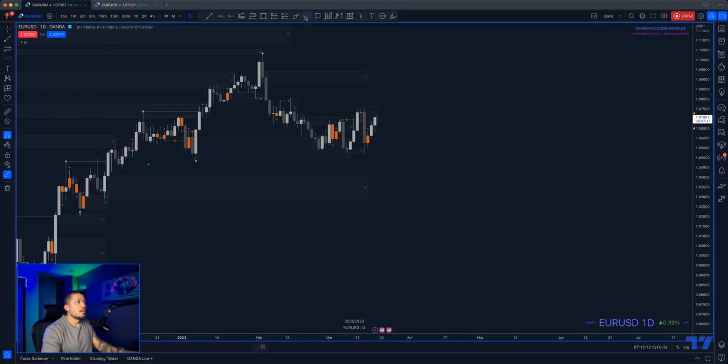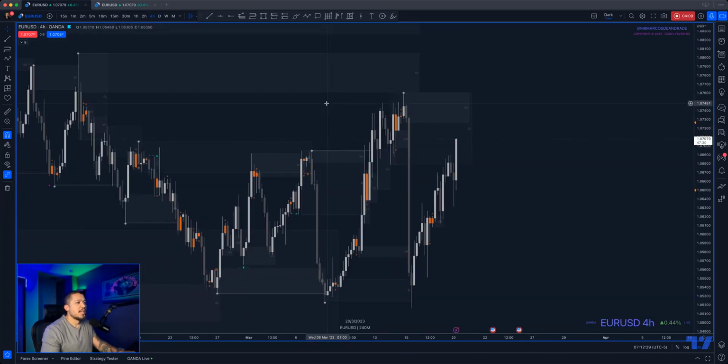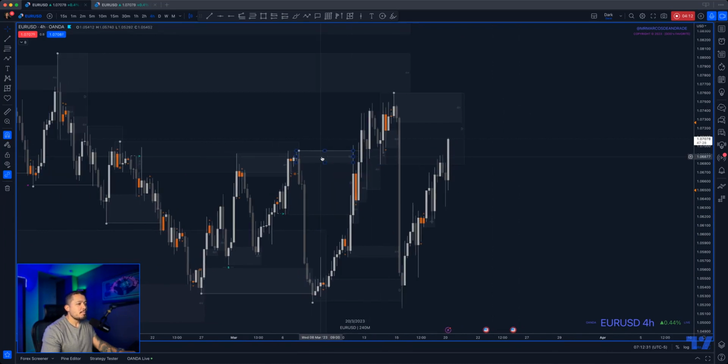We could start seeing a push to the downside, pull back to maybe come to this demand here. On the 4 hour, you see how big that move was, and we didn't close it below here, but right now we need to see how price is going to react inside of this area.